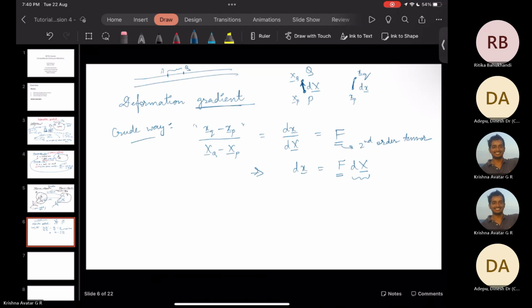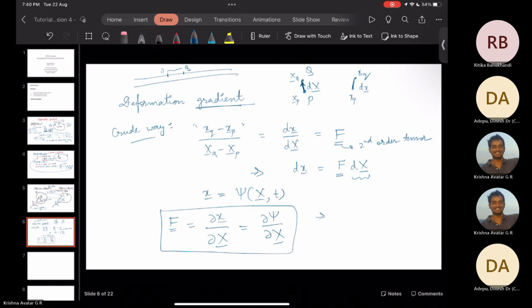From this you can clearly see that we had defined something called a deformation mapping, x comma t. The way you define the deformation gradient is F is equal to the partial derivative of x vector with respect to capital X vector, and this is what we call the deformation gradient.